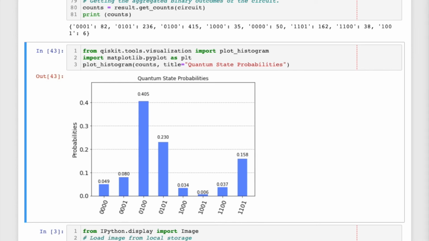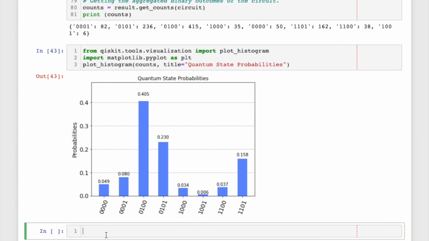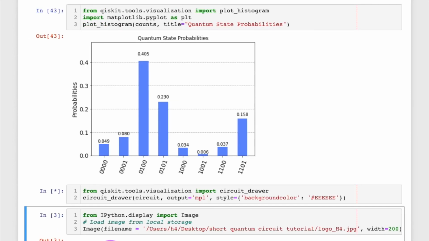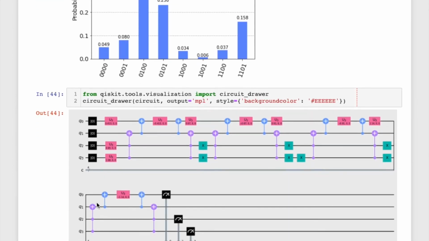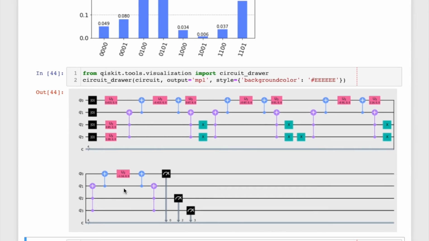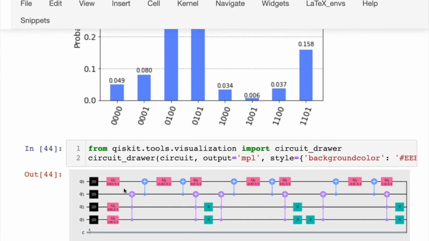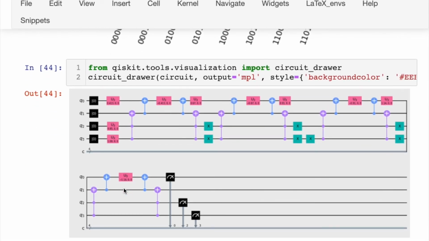You can print the circuit, of course, as we have done before, a little bit in a pretty way. And with the circuit printed, it is easier to explain what we have done. So let me put it a little bit bigger. Maybe it's easier to see.